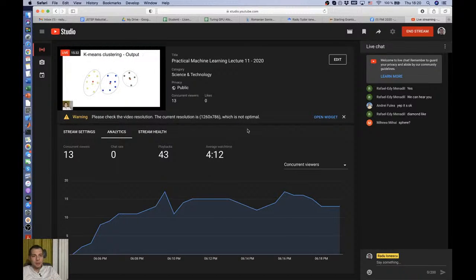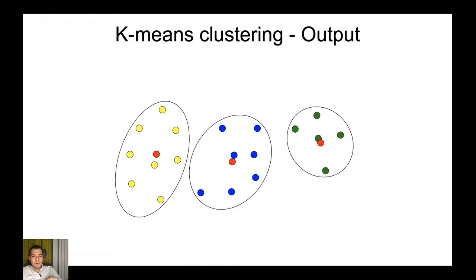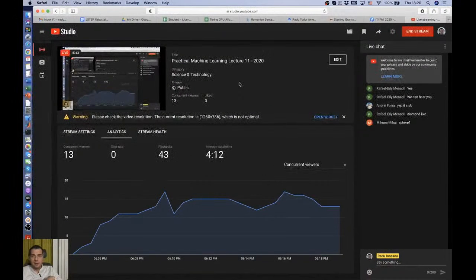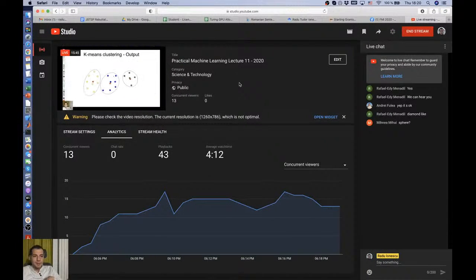Try to think about the boundaries of these clusters. I tried to represent them here with ellipses, but actually the clustering assignments are based on a different structure.